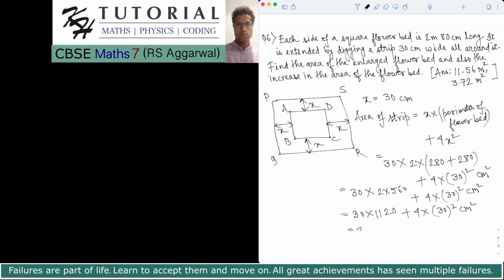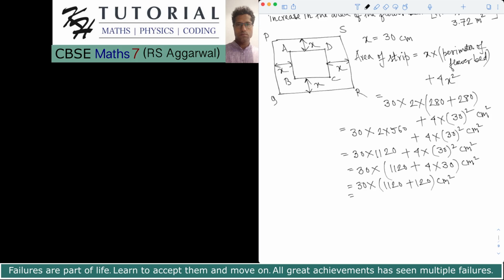So I am taking 30 common, becomes 30 multiplied by 1120 plus 4 multiplied by 30, this much centimeter square. So this is equal to 30 multiplied by 1120 plus 120, this much centimeter square.